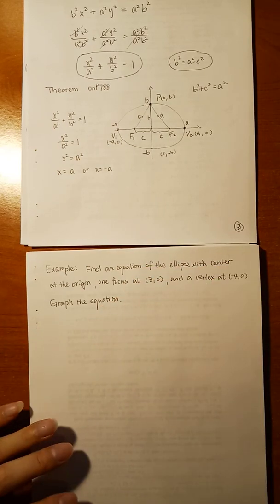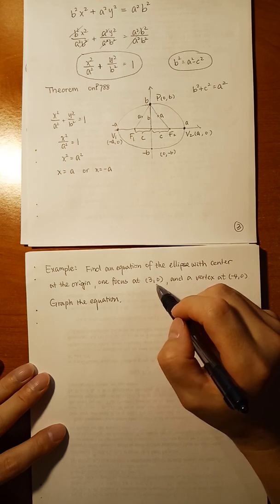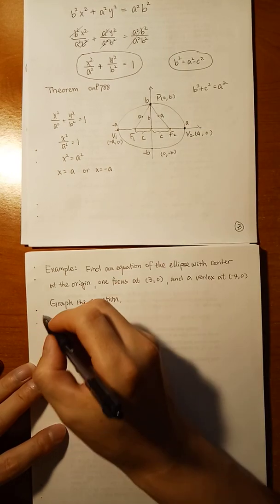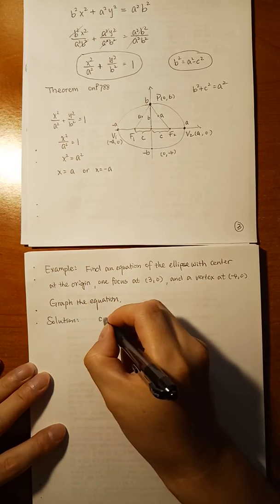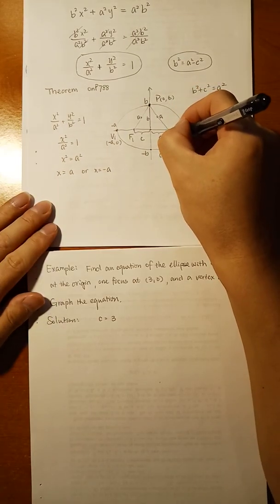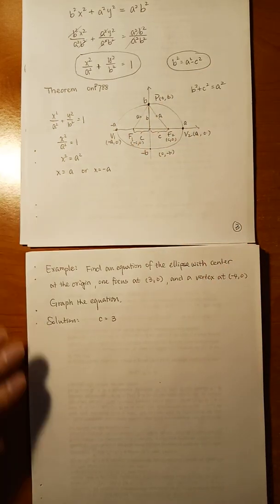Okay, let's check. The focus is at (3, 0), which means C is equal to 3. This point is (C, 0) and this is (-C, 0), the focus.